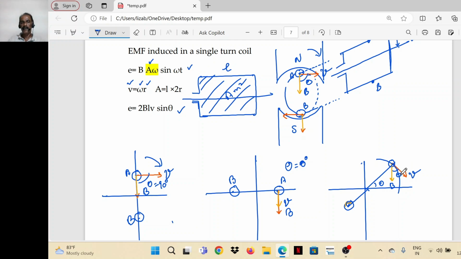When it is vertical, theta is 90 degrees. When it is horizontal, theta is 0 degrees. When it is at an intermediate position, theta is between 0 and 90. So this is an example of dynamically induced EMF.